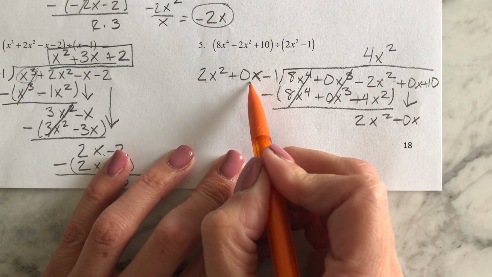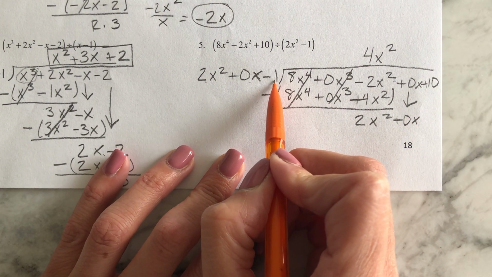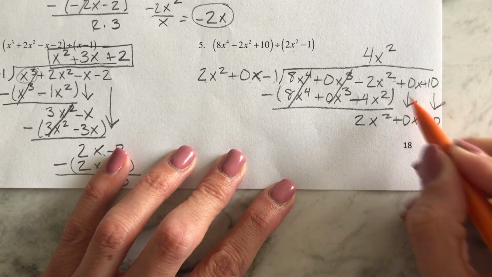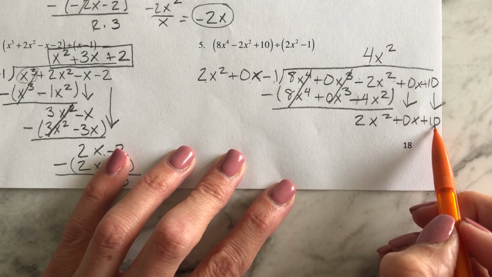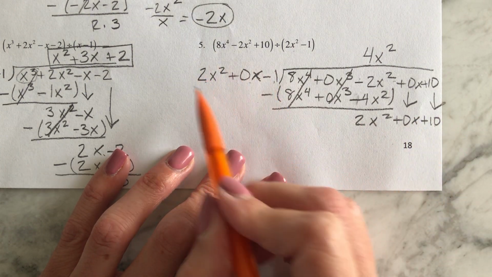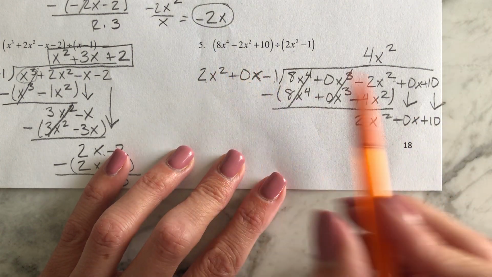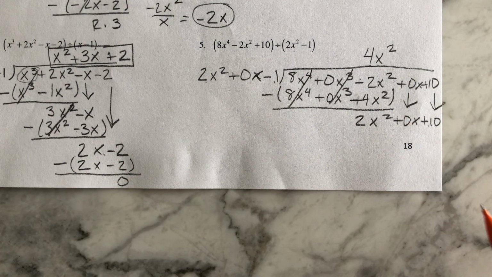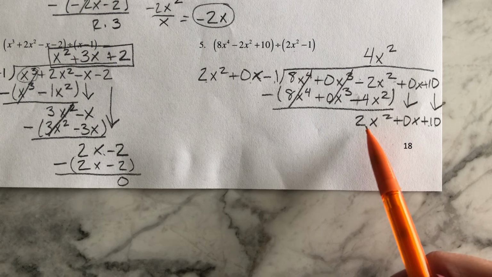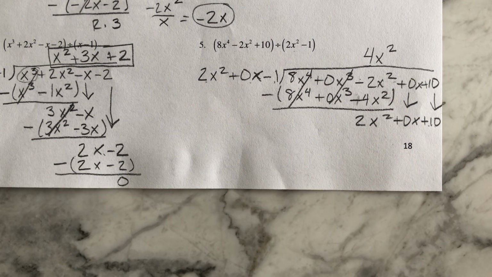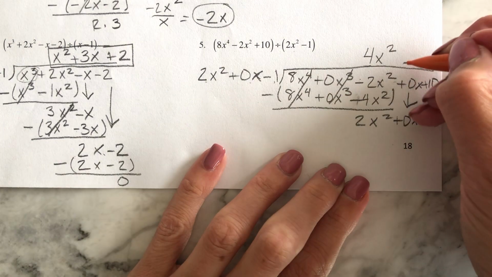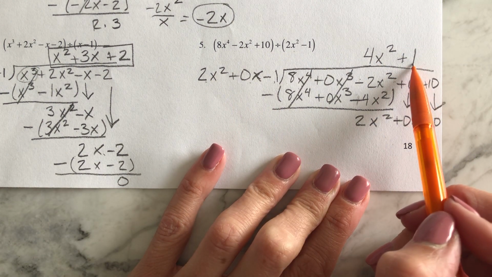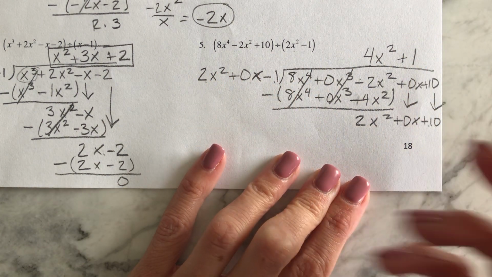And since I have 3 terms in my divisor, I need to bring down all 3 terms here. Or 2 terms, sorry. So I have 3 terms out here, I need 3 terms here to divide properly. Okay, so then you divide your first term, so 2x squared divided by 2x squared is just 1. So I multiply 1, distribute the 1 here.